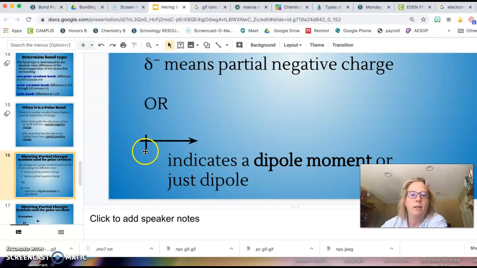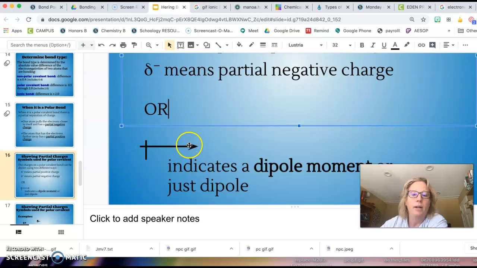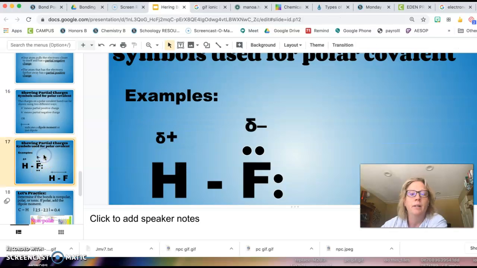You'll also see dipole arrows. The dipole arrow points towards the one with the higher electronegativity and away from the one with the lower electronegativity. You're pointing the arrow towards the more electronegative atom because it's going to pull the electrons, and the one it's pulling away from becomes partially positive.